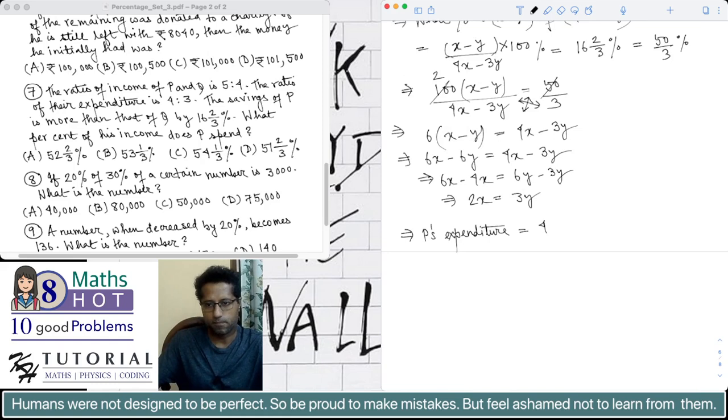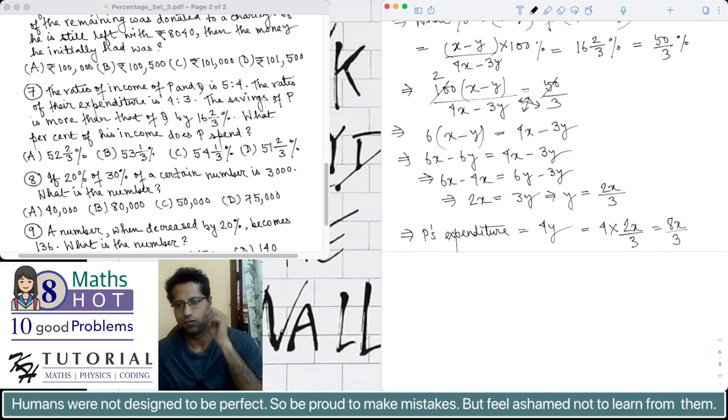Since we know that 2x is equal to 3y, from here I can say that y is equal to 2x by 3. So P's expenditure we assumed to be 4y, and since y is equal to 2x by 3, this 4y will be equal to 4 into 2x by 3, which is equal to 8x by 3. So we got P's expenditure in terms of x.